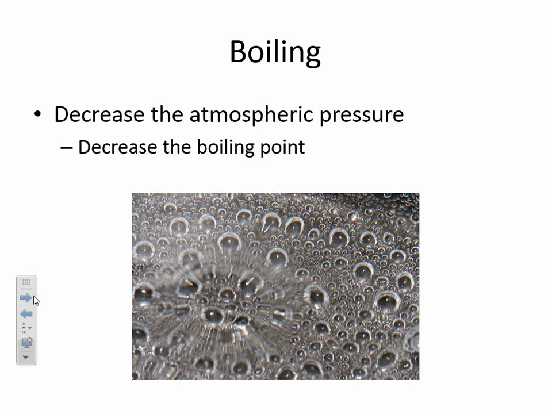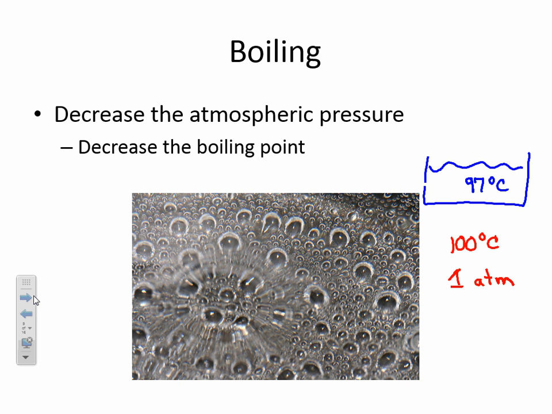So this happens up in Truckee. In Truckee, because we live up in the mountains, we don't have as much atmospheric pressure or air pressure. If you think back to some of the labs where we've been boiling water, it's been like 97 degrees Celsius. And you're always taught it should be boiling at 100 degrees Celsius, but that's called 1 atmosphere of pressure, 1 atm.